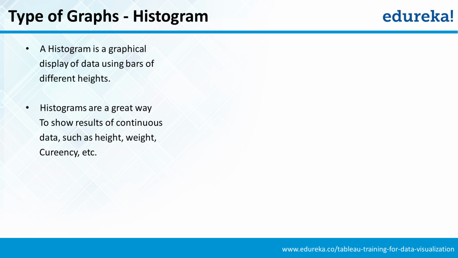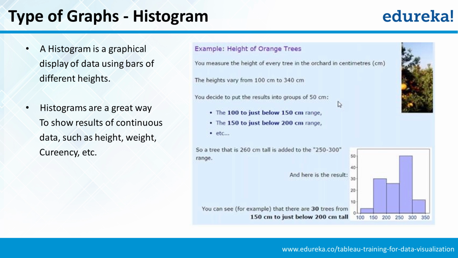Histograms are a great way to show results of continuous data, so in general ratio data. If you have ratio data, we can use them to check its spread. So spread of data can be determined using a histogram. For example, height, weight, currency, salary, age, all these kinds of values, if you want to check their spread, we use a histogram.